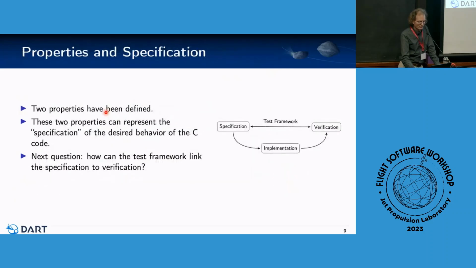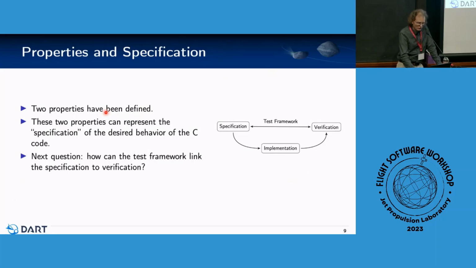So now we've got 2 properties that we've defined, and we'll say that these 2 properties represent the desired behavior of our C code, with the triviality arguments that I showed. We'll see it in the next slide, but basically these 2 properties represent our specification for how BitMonster should work.